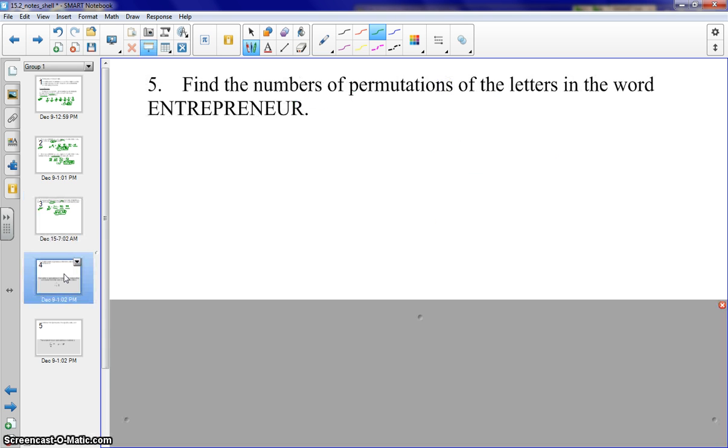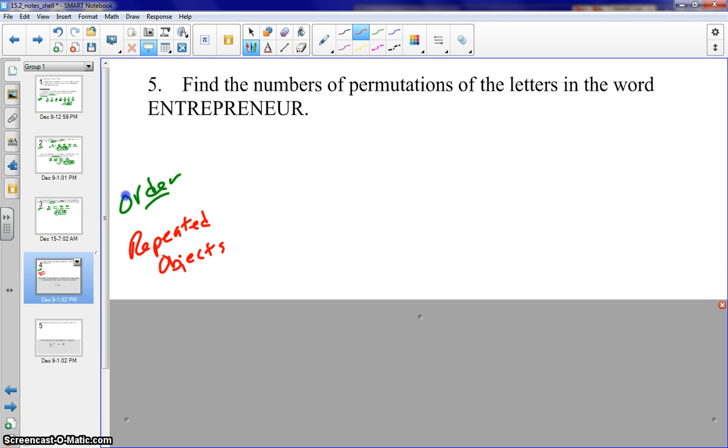Number 5. Find the number of permutations of the letters in the word entrepreneur. So again, order matters here. This is slightly different because this has to deal with repeated objects, or in our case, for our example here, it's repeated letters.